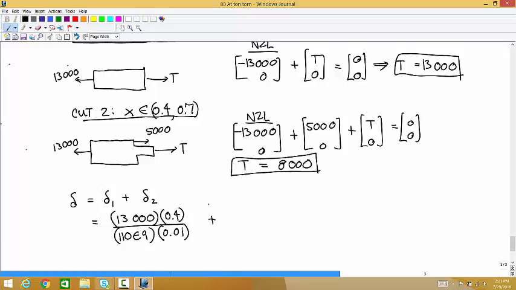For piece 2, we have an internal tension of positive 8,000, a length of 0.3, Young's modulus of 110 times 10 to the 9, and a cross-sectional area of 0.003.